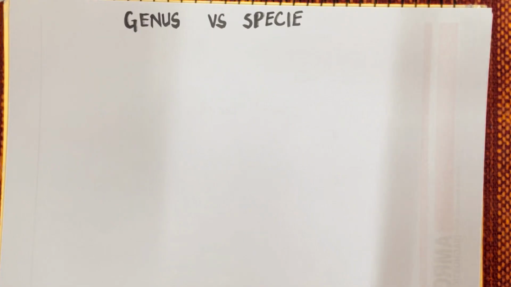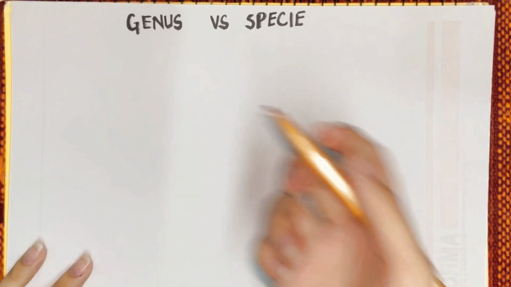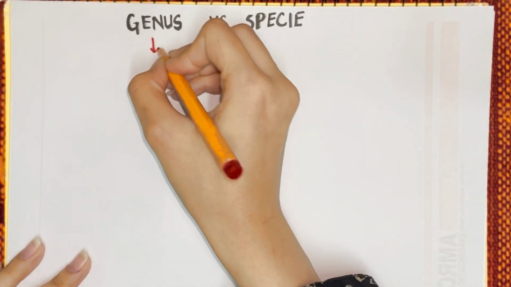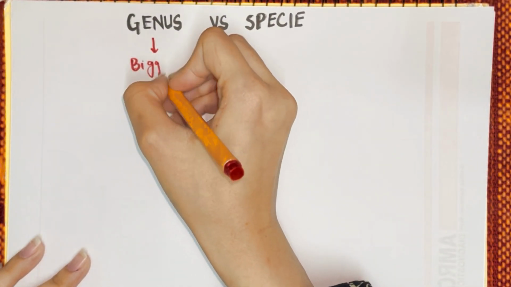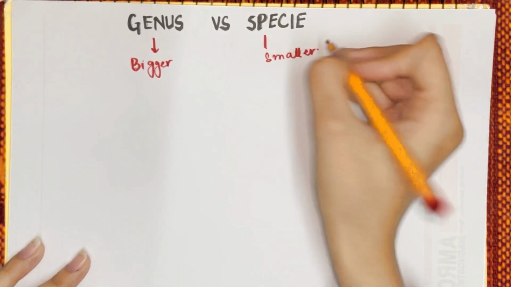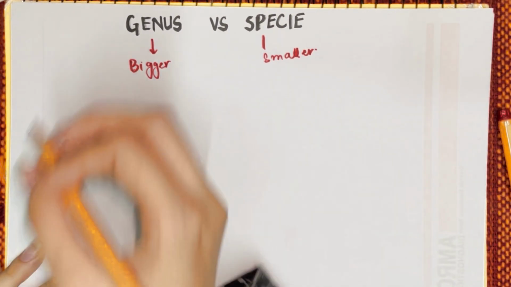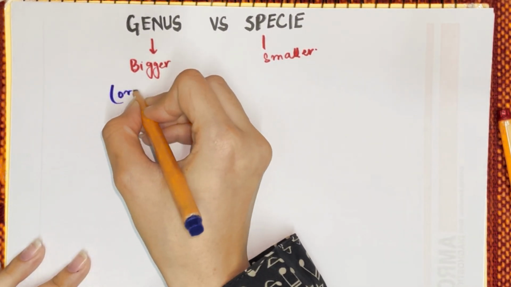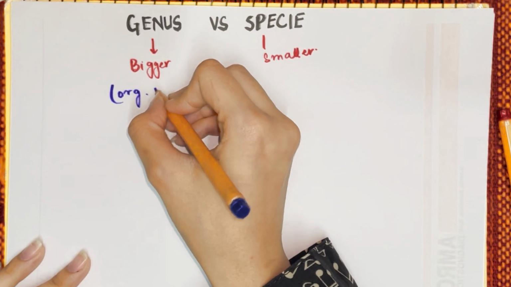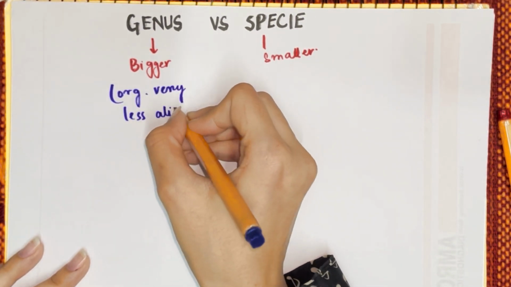The next topic that we have is the genus versus the species. Let's talk about it in detail. The genus are basically the bigger groups, whereas the species on the other hand are the smaller groups. One of the disadvantages that genus organisms have is that the organisms are very less alike among each other. They are not like each other.